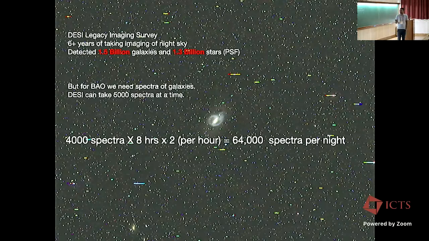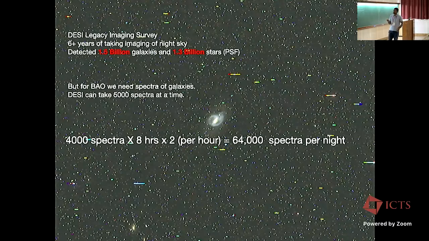Let's say you are effectively using 4,000 of them to measure actual galaxies in your cosmological survey. You observe roughly 8 hours in the night. These are all optical surveys, so once the sky becomes bright, you cannot observe and efficiency goes down. And let's say you do 2 per hour. That means you expose each time 30 minutes. That's the exposure time for DESI for the dark time sample.